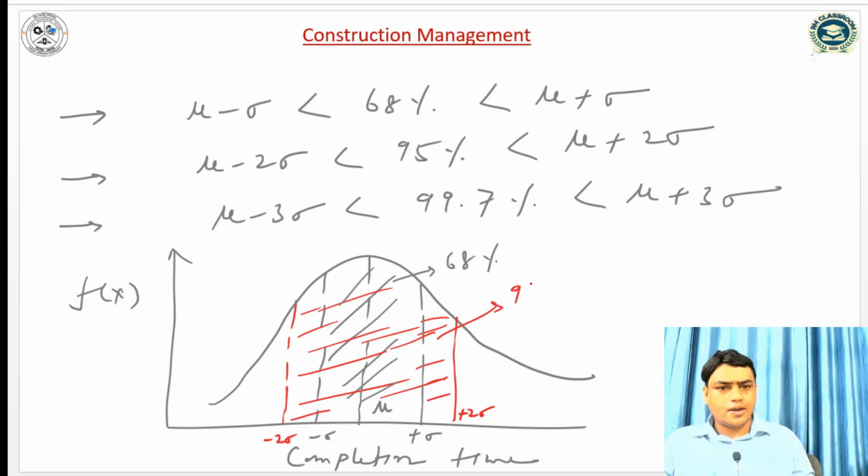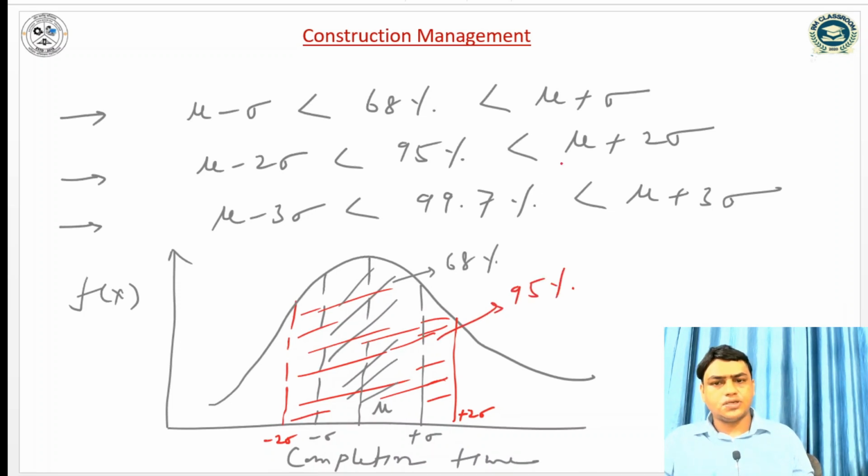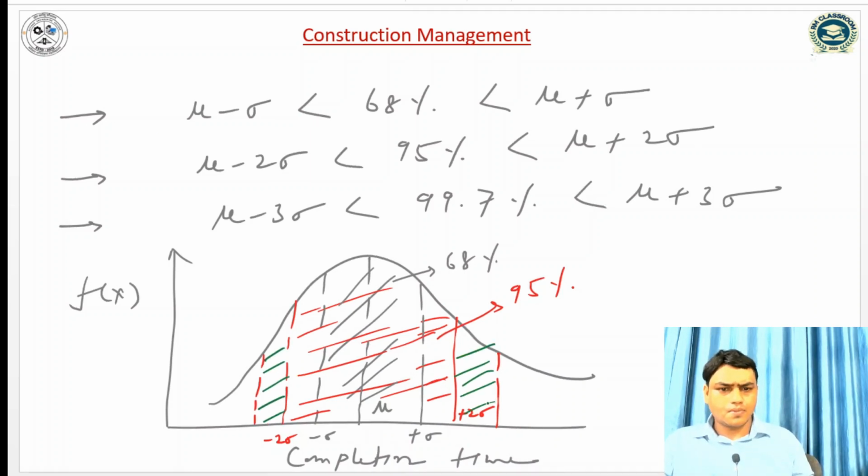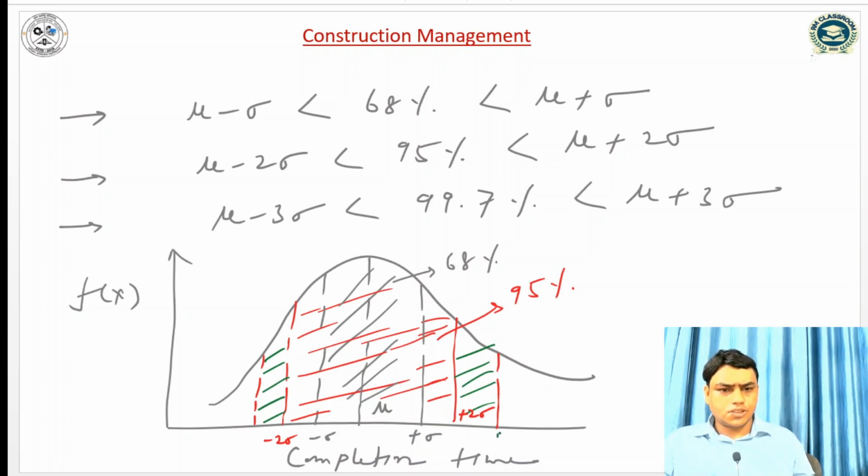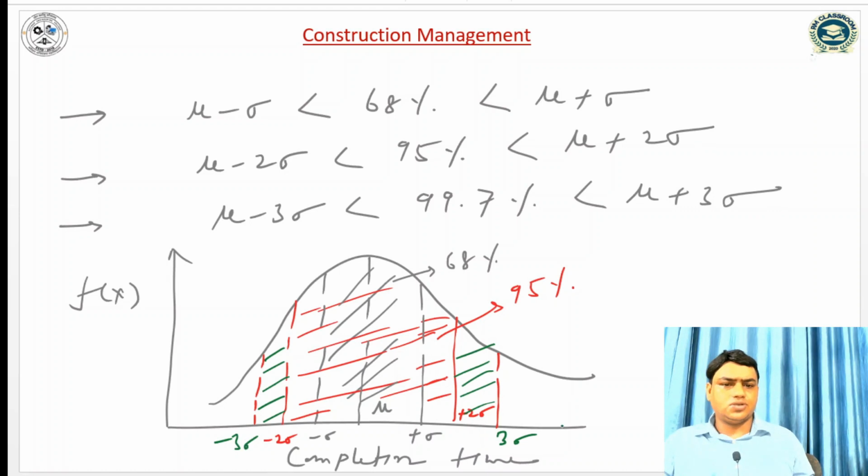This is 95% of the area, and 99.7% area lies between 3 sigma and minus 3 sigma. So this is the distribution in the probability distribution curve.